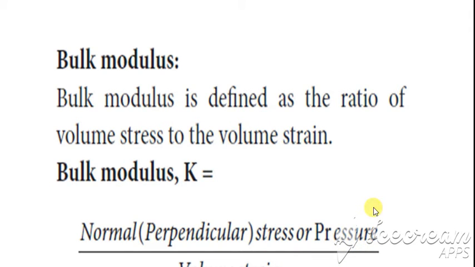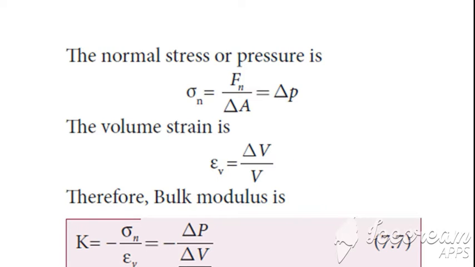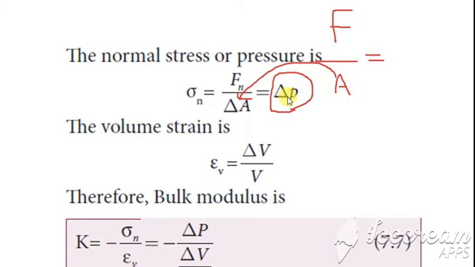The normal stress formula is sigma equal to F divided by A. Instead of A, we write del A, because it is the change in area. F by A is also equal to the pressure, so del P. And volume strain is the change in volume divided by the original volume V.